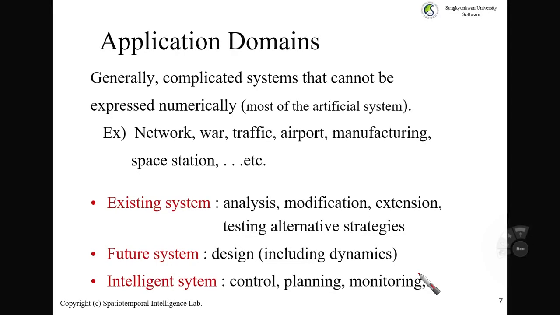Let's think of where simulation models can be applied, the application domains. This can be applied to most of the artificial systems. Artificial systems, that means man-made systems. What is the characteristic of an artificial system?